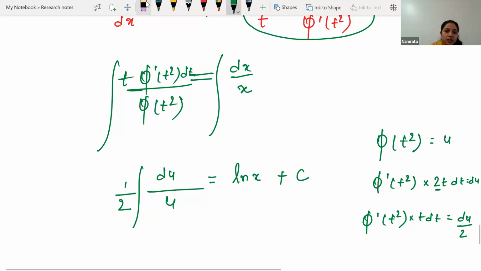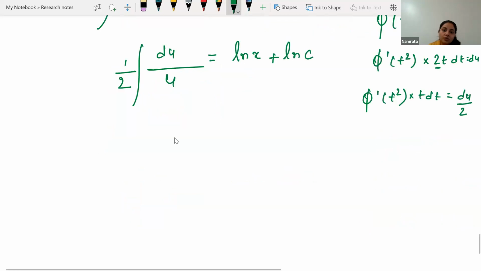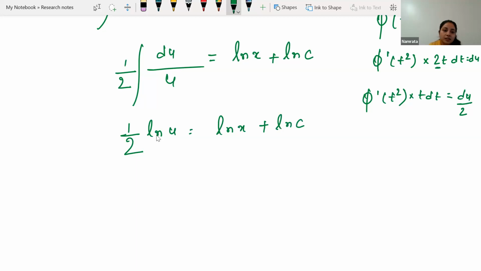Okay, both sides we are getting log. Here also let me take logarithm only, plus ln c. So here we'll have logarithm, here also logarithm. Here we'll have 1 by 2 ln u is equal to ln x plus ln c.